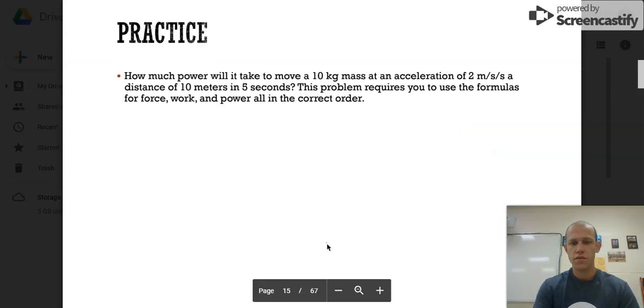Here we have a little bit of a different problem. How much work will it take to move a 10 kilogram mass at an acceleration of 2 meters per second, a distance of 10 meters in 5 seconds? So this problem requires us to use the formulas of force, work, and power all in the correct order. So if we're moving this object, let's assume we're moving it this direction. So we want a net acceleration of 2 meters per second squared.